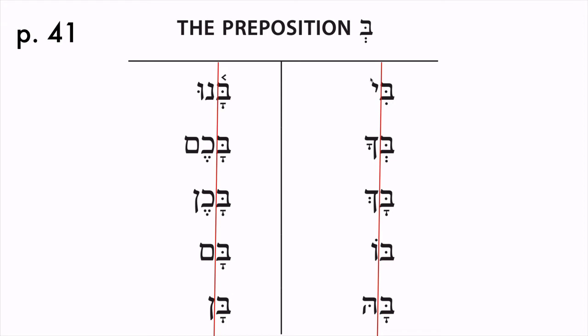So ani ends in this sound, ani. And so when you put b with I or me, you get bi. And again, with ata, you end with an a vowel, a kamets. And with the preposition, it becomes baka.